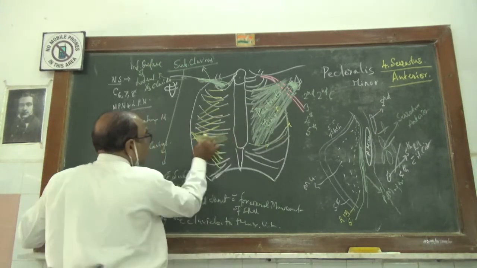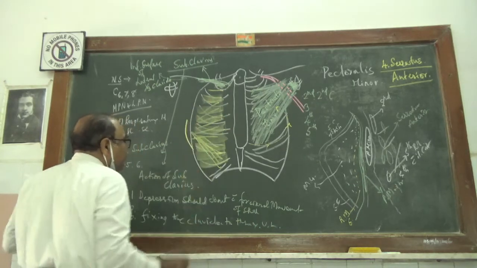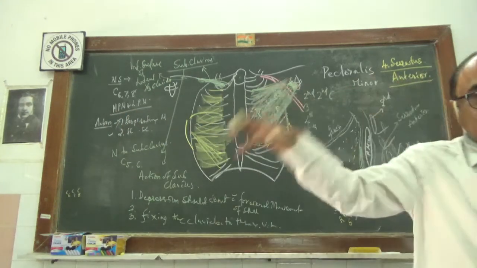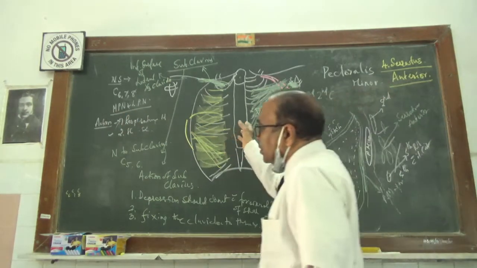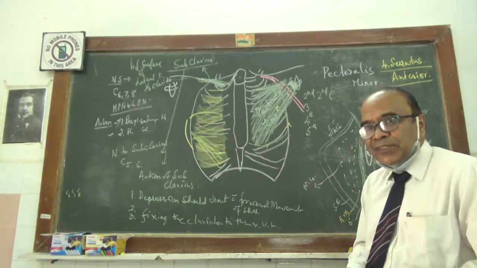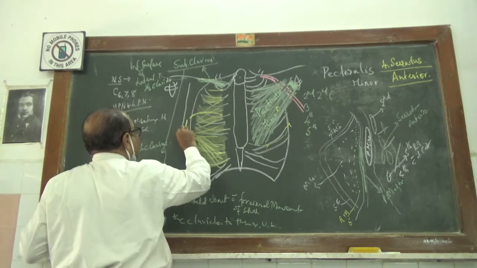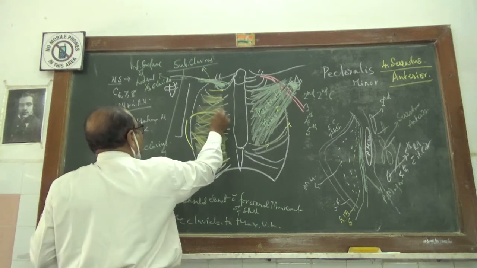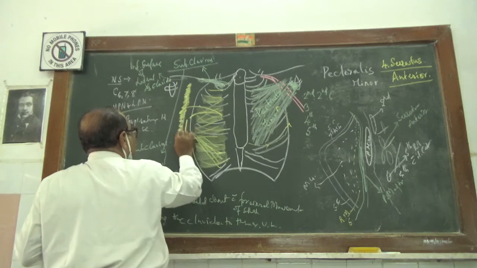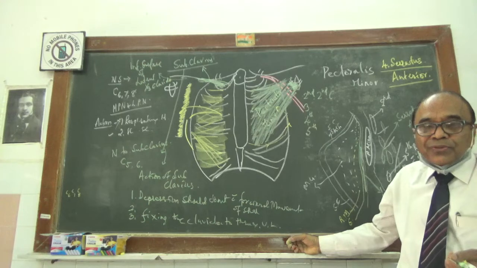One is laterally, then behind, and then towards medially, so as to encircle and cover the thorax by all means. Now after having these 3 directions, it will get inserted on the anterior surface of the medial border of the scapula, or the vertebral border of the scapula.